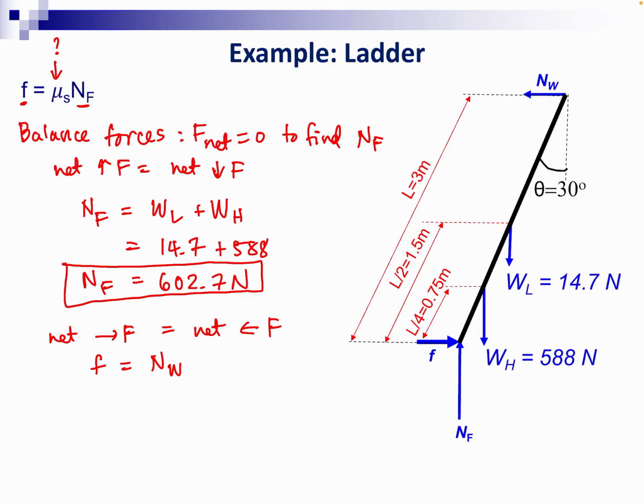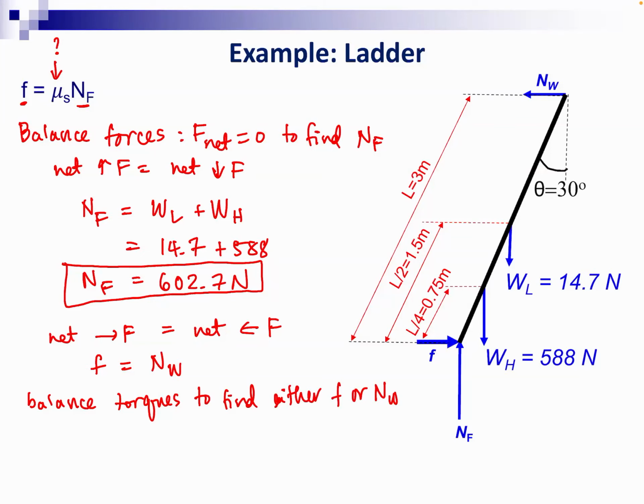So if we balance the torques, maybe we can find either F or NW, because if we find either of them, they're equal, and that will allow us to solve for the coefficient of friction. So we have here the frictional force and the NW.